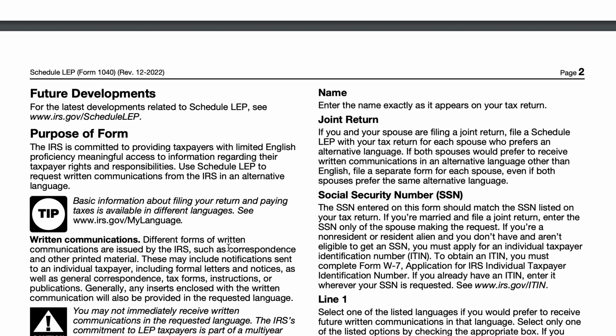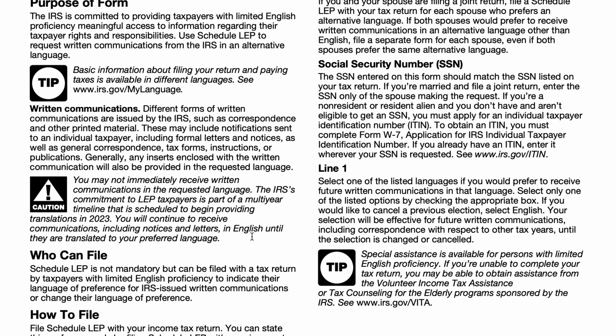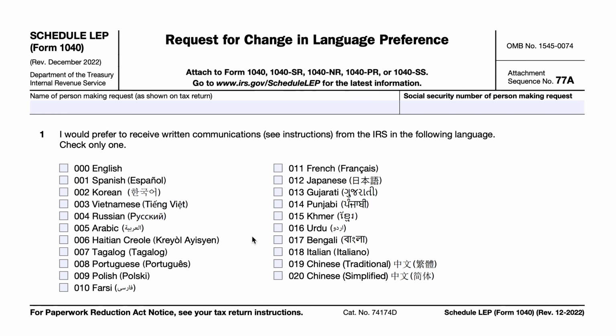You can file IRS Form W-7, which is an application for an individual taxpayer ID number, and you should if you don't have one or the other. Once you have your information at the very top of the tax form and it matches what is shown on your tax return, then it's a simple selection, whichever language you prefer.